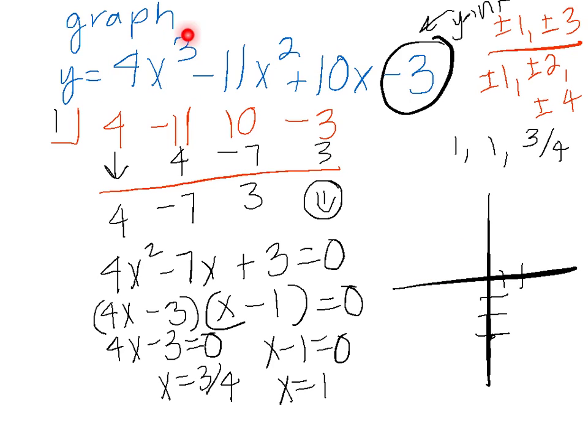So looking at my leading term here, it's positive and it's odd. So that means it's going down to the left and up to the right. So I'm going to go ahead and draw it. It's going to go through and it's going to bounce off at 1 and not pass through. So this is what a double zero looks like. It bounces off. It doesn't cross through like we see here at 3/4.